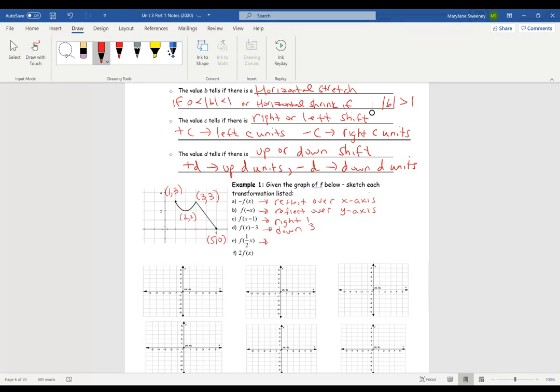Now, the half in the parenthesis with the x, that's going to be, and I'm just going to say a multiply x coordinate by 1/2.